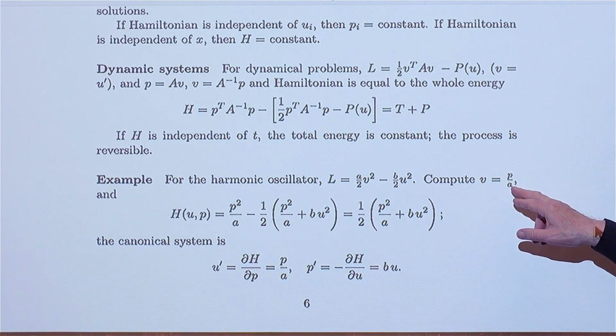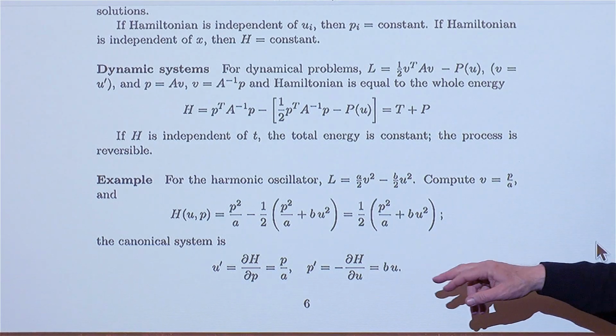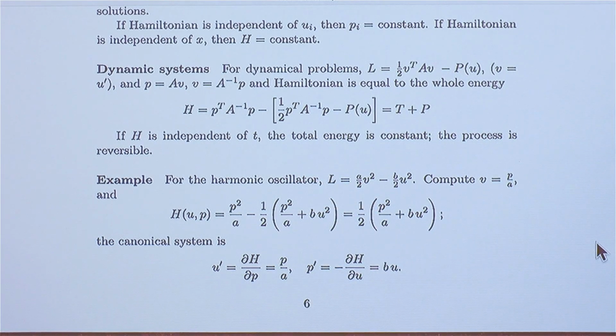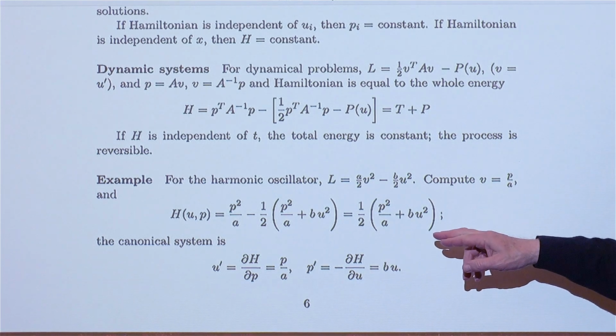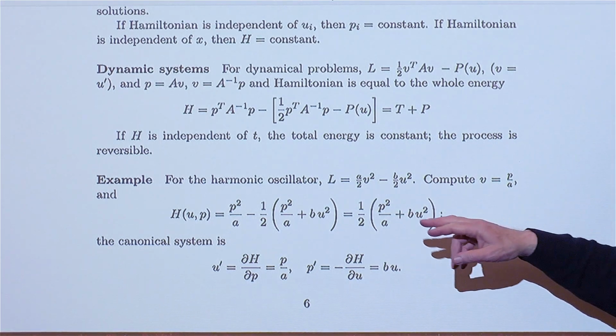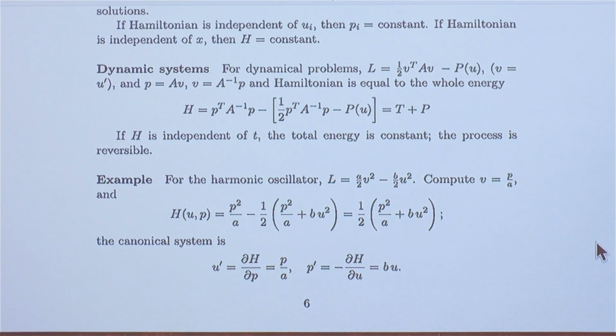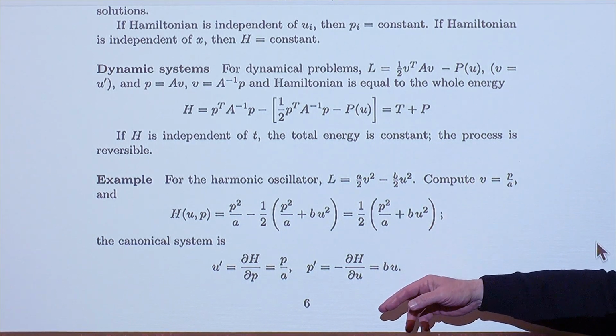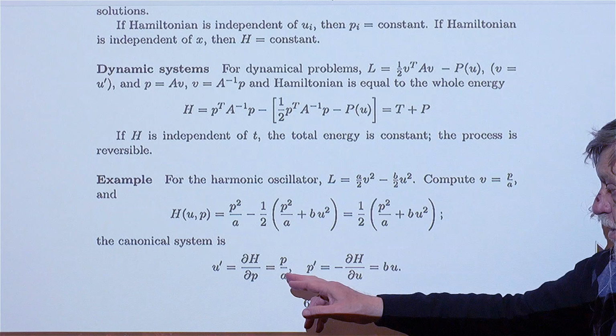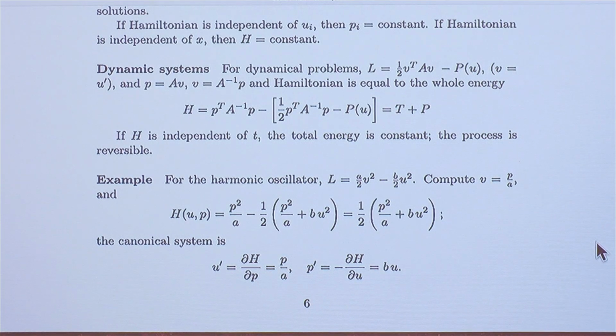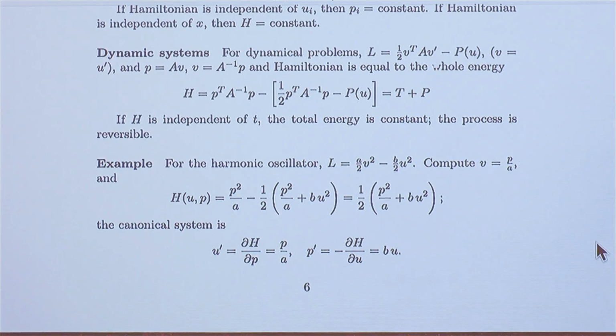We compute v equal to p divided by A, and substitute this expression into the Hamiltonian, and the Hamiltonian is the square of p divided by A plus B u prime, kinetic energy plus potential energy. From here we can derive the canonical system as we stated. So the system is rather simple. So that's the Hamiltonian.